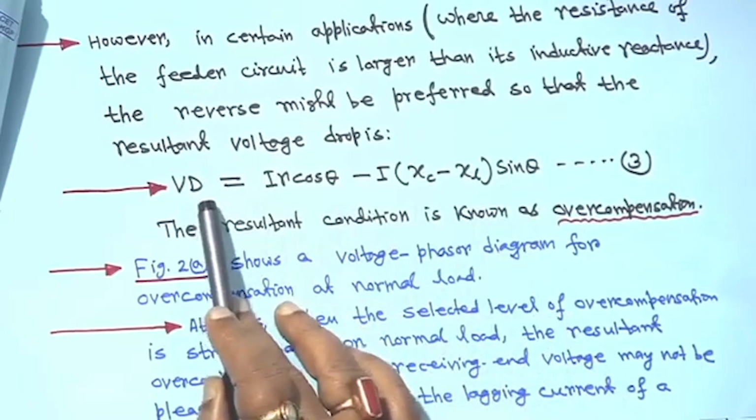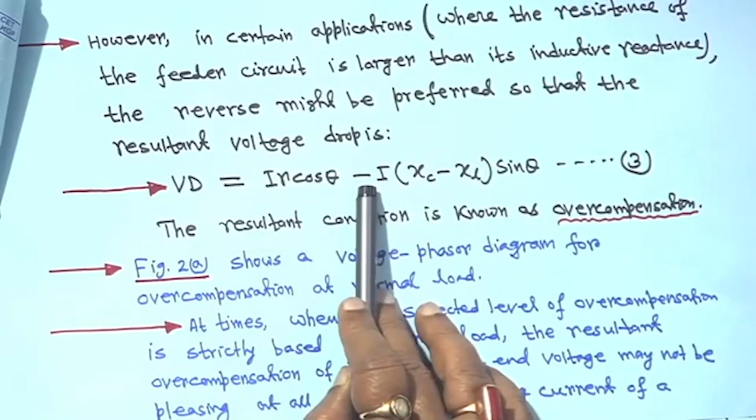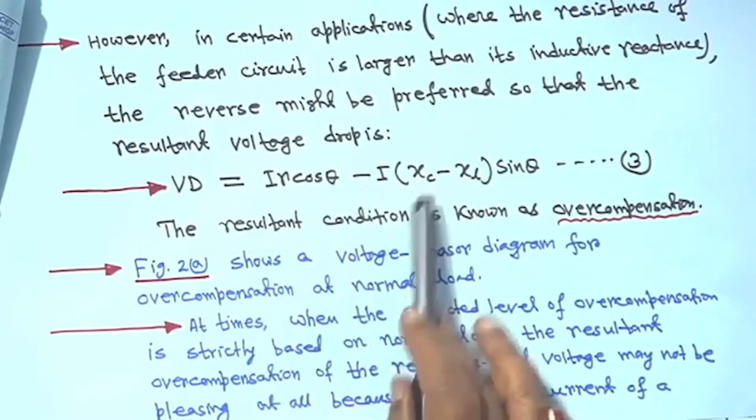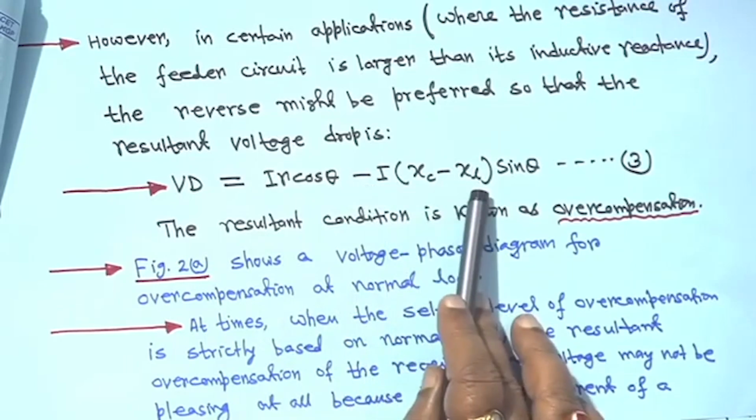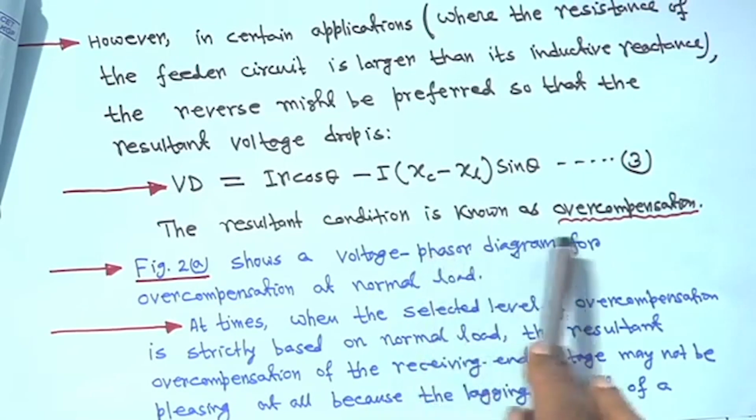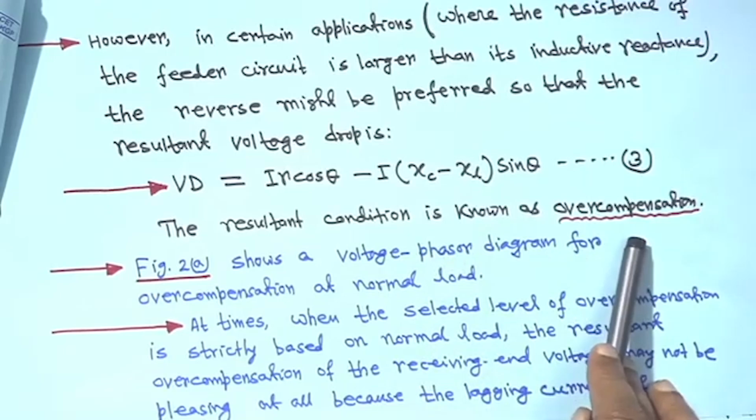That means there will be a heavy voltage drop because of this minus sign, and XC is greater than XL, remember. The resultant condition is known as overcompensation.